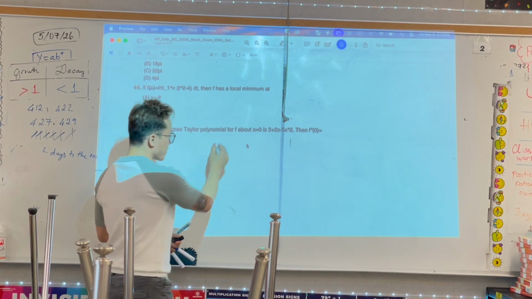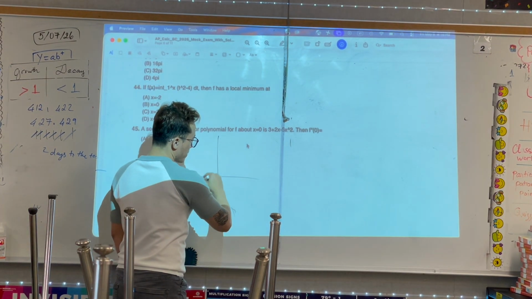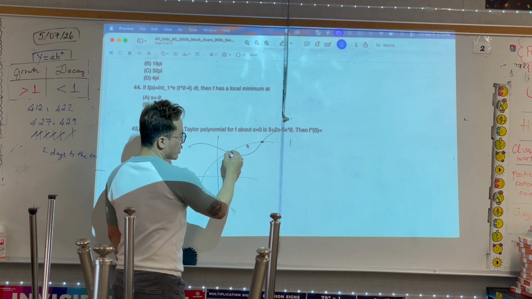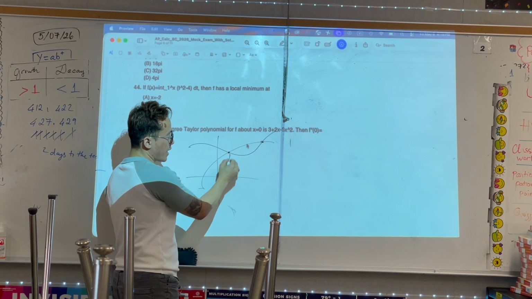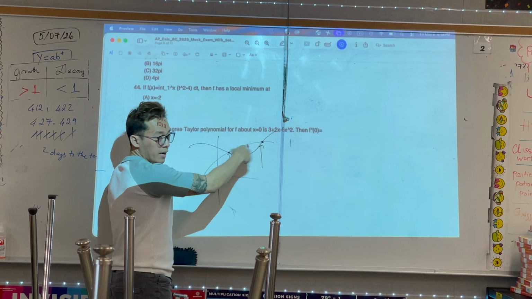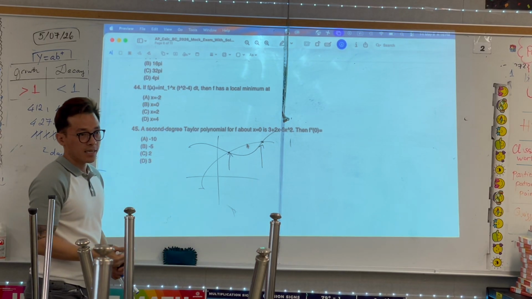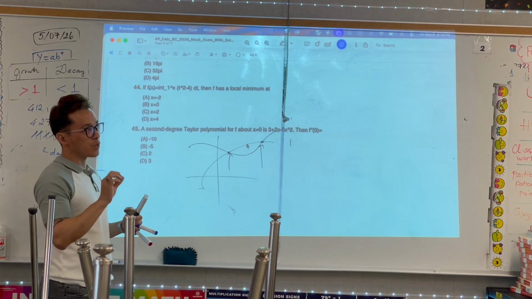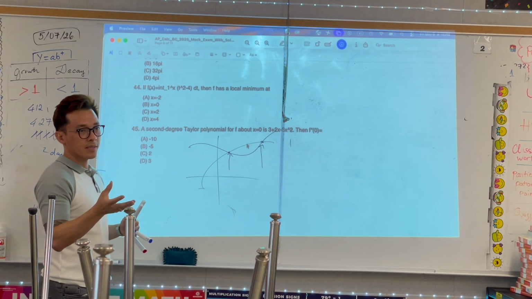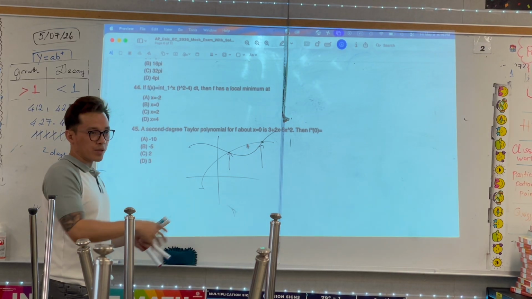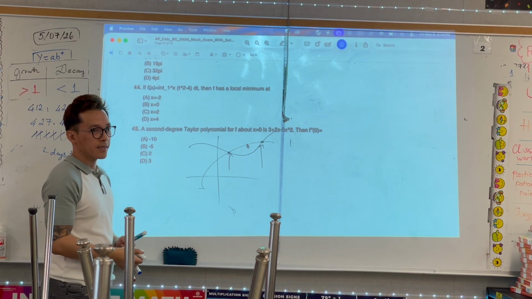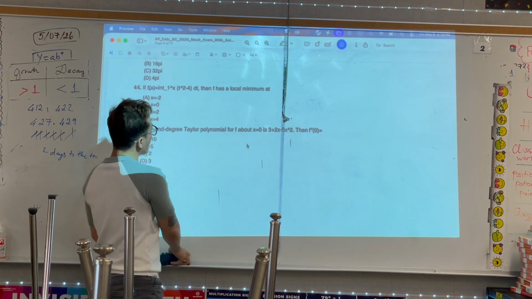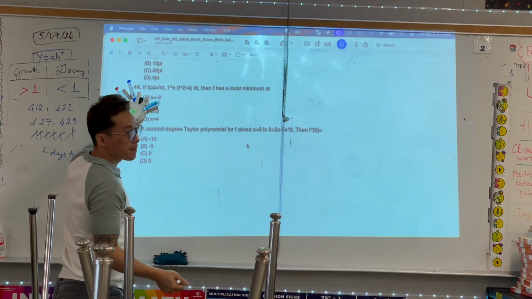If you have some complicated function, you plug the function into the calculator and it gives you the intersections. But you need to know how to set up first, and then you can put it on the calculator to get the answer. Good. Very good.